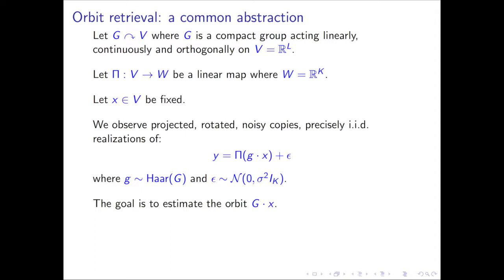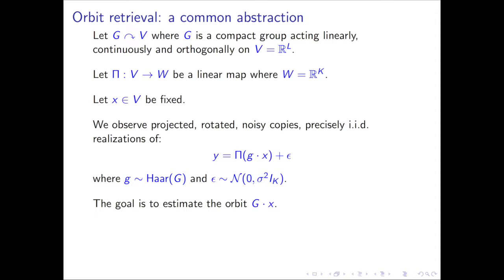Now let X be a fixed vector in V. So it's like a fixed ground truth. So you've got G acting on V, a projection from V to W, and a ground truth in V. Now suppose we observe IID realizations of this random variable Y. It's G acting on X, which is fixed, projected by pi, plus epsilon, which is noise.